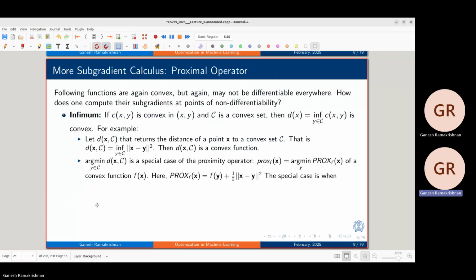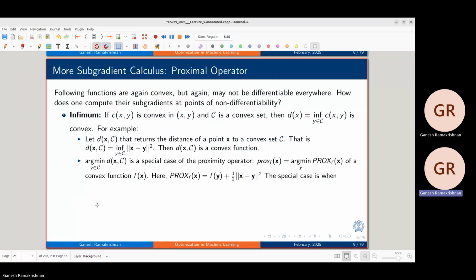We recall that when we were trying to motivate projected descent, many algorithms benefit from projection. In fact, when we were trying to do matrix completion, we again talked about projection. That relates to the notion of the proximal operator.